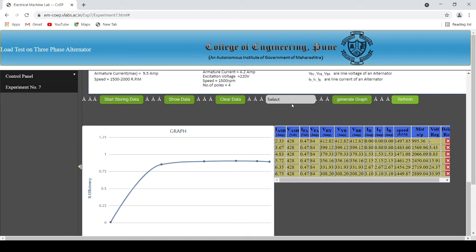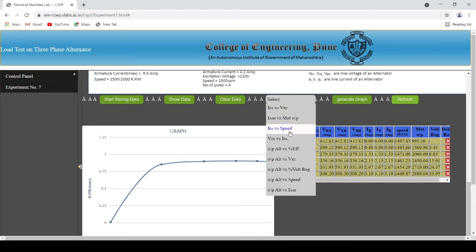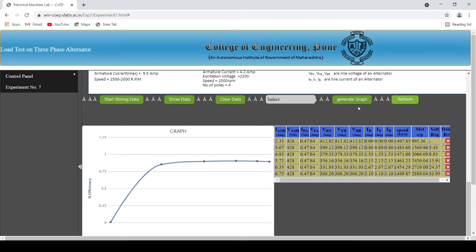So let's generate the graph for output versus percentage voltage regulation. Now I have clicked it and by generating we get a slight increase kind of U pattern. Can't say that U but a slight increase through it.